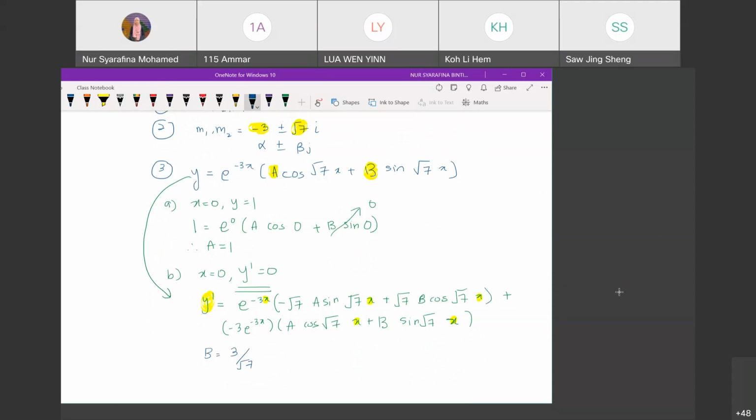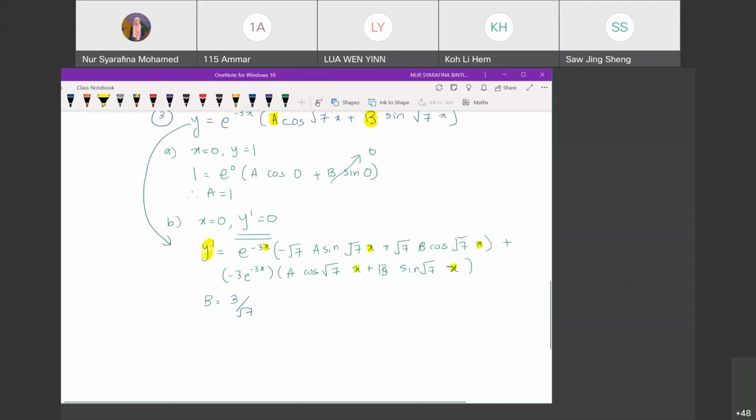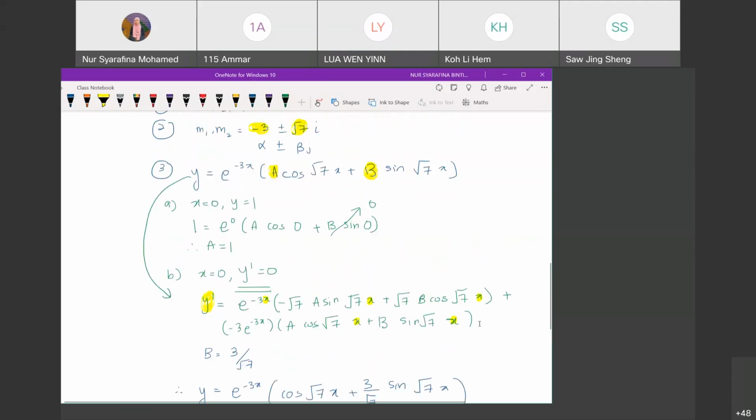So now you have your a and b, then the solution is y equals e to the power of minus 3x, a is 1, so cos 7x plus b, 3 over 7, sine 7x. Okay, this is how you find the solution of a second order differential equation given the condition.